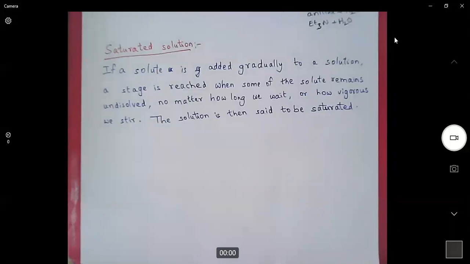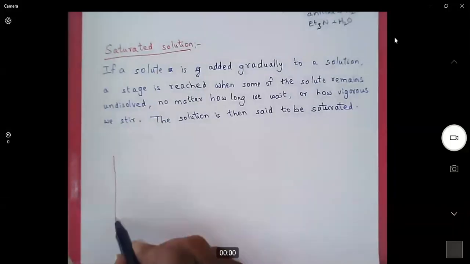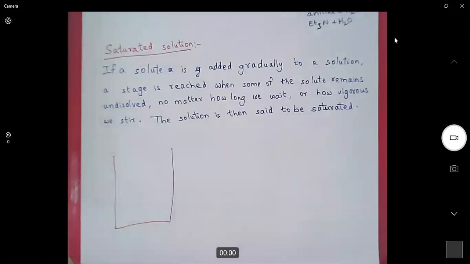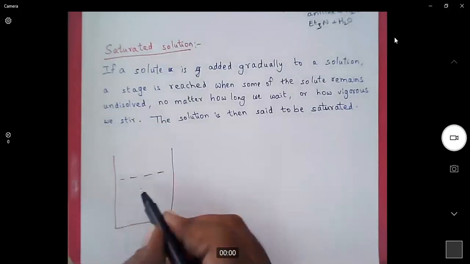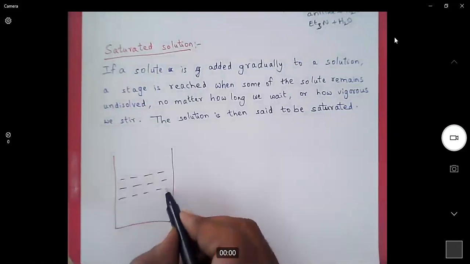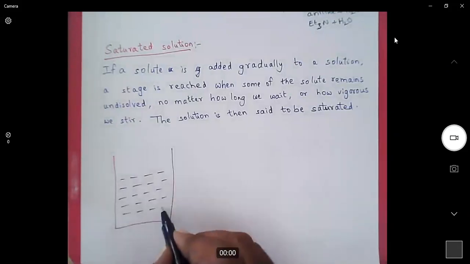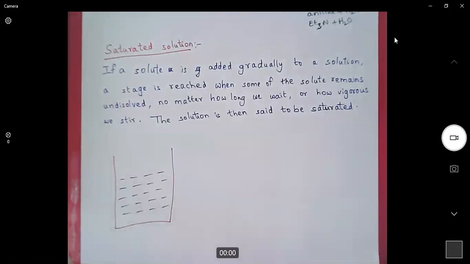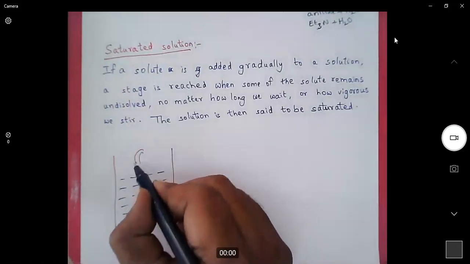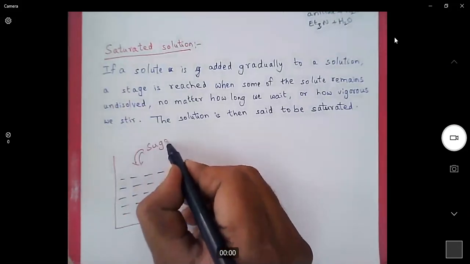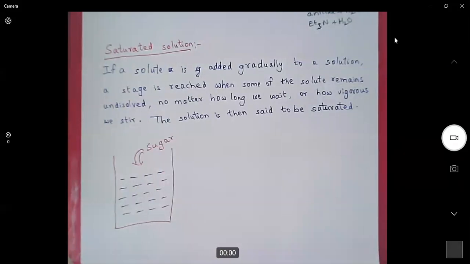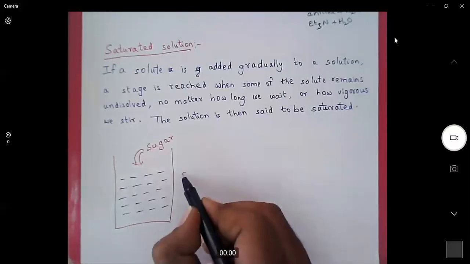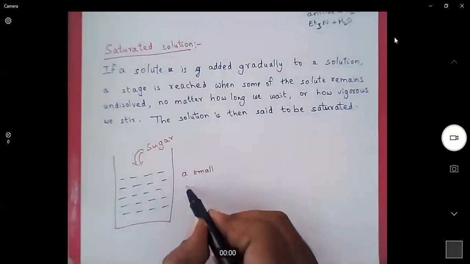What are saturated solutions? For example, take a glass of water and try adding sugar. What happens when we add a small amount of sugar and then we stir it, we mix it properly? It will dissolve, right? A small amount will dissolve.